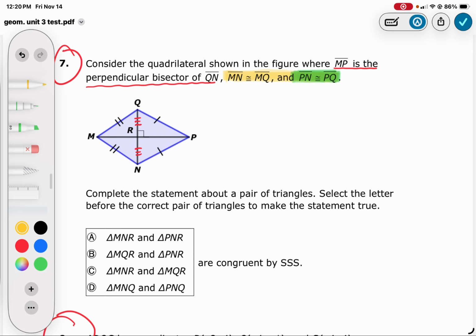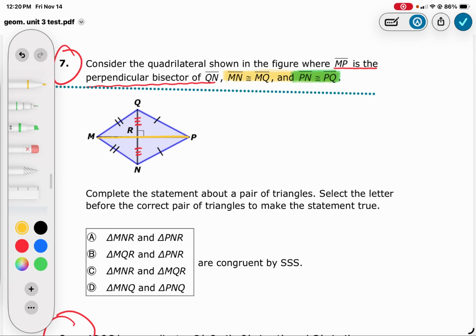So for these two, I'm gonna shade in these two triangles here. Well, here, let me just say this. I'm gonna highlight this entire line. Segment MP is a shared line throughout the entire diagram.